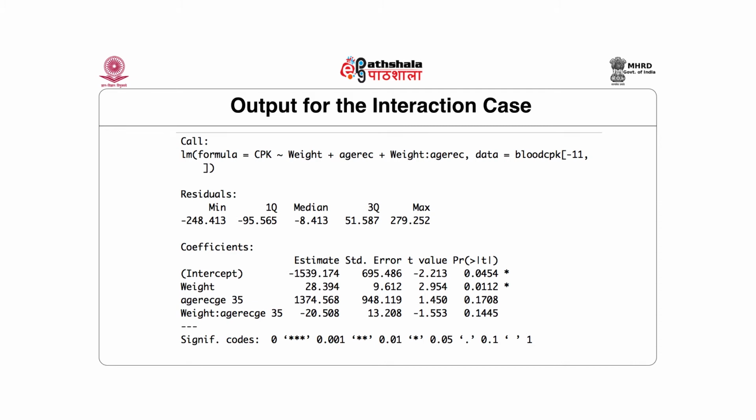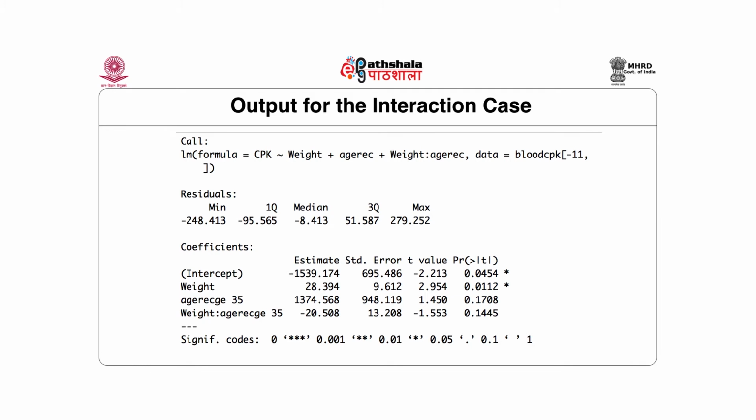Remember, when we recoded the age, age band 35 and above was given a value of 1, and the age band that was less than 35 years was given a value of 0.